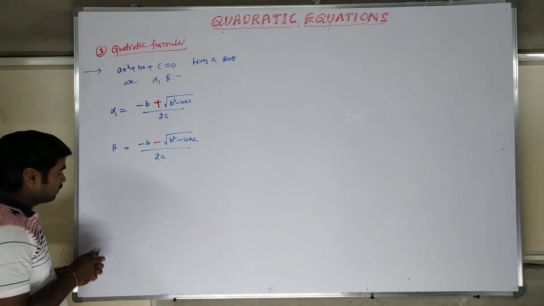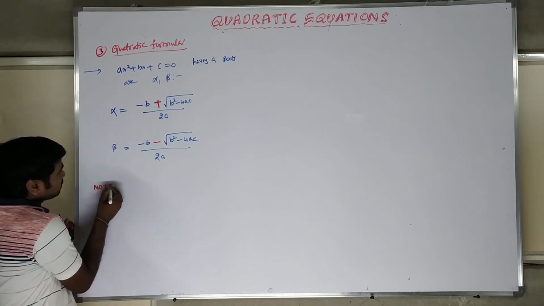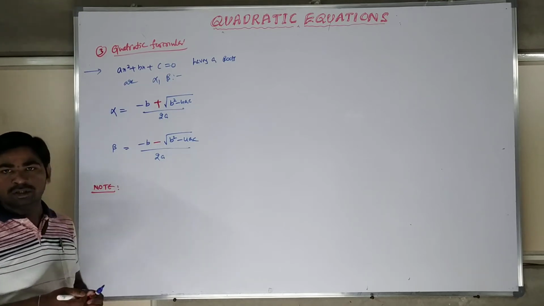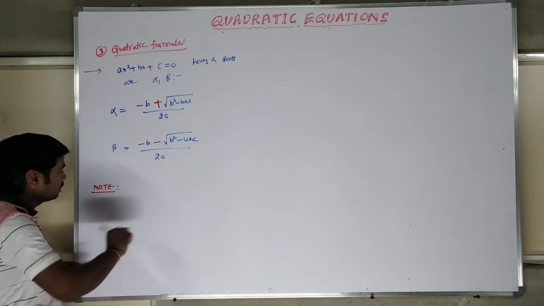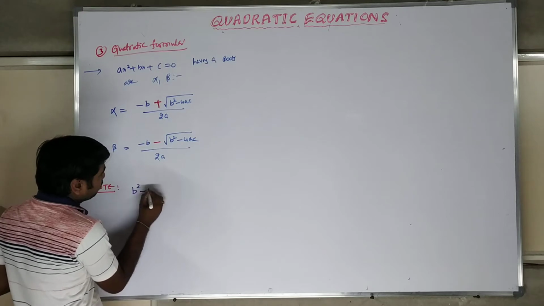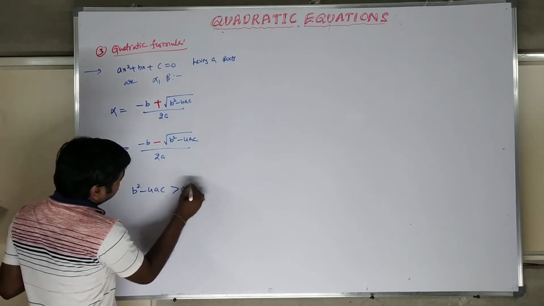When you are applying the formula, one condition to note: for 10th class, if you go for intermediate engineering, we have more. For 10th class, the b square minus 4ac term should be greater than 0.